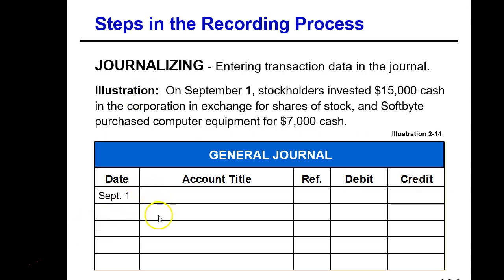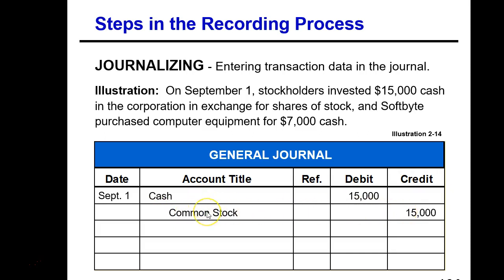When using the general journal, whatever account you're going to debit, you write that account title first in your journal. So I'll put the cash account title first and record the amount on the debit side of the journal. I'll then come back to the account title section. Notice that I'm going to indent, then write common stock and record the amount on the credit side.